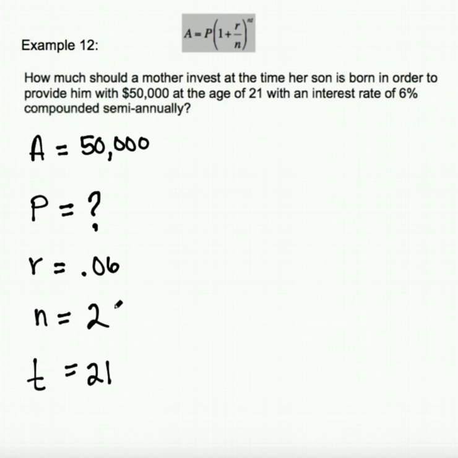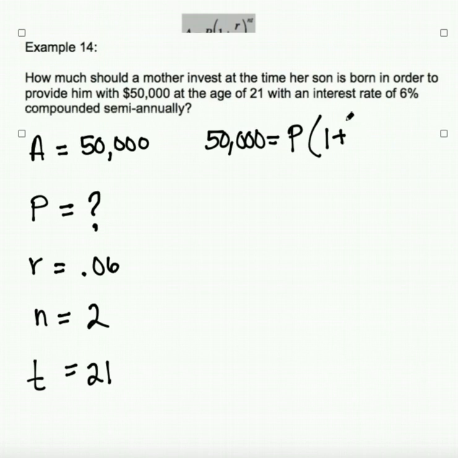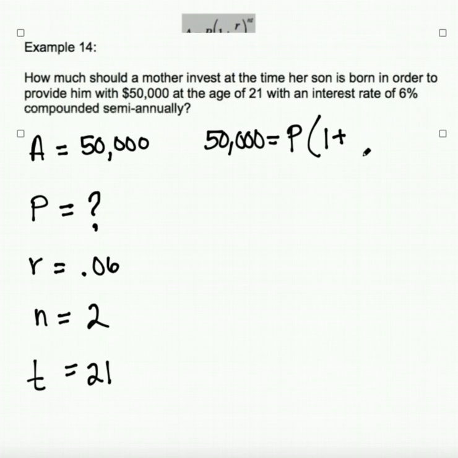Now, I'm going to go ahead and plug those into my formula. So that's going to give me 50,000 equals P times 1 plus 0.06 divided by 2, raised to the 2 times 21 power, which is 42.